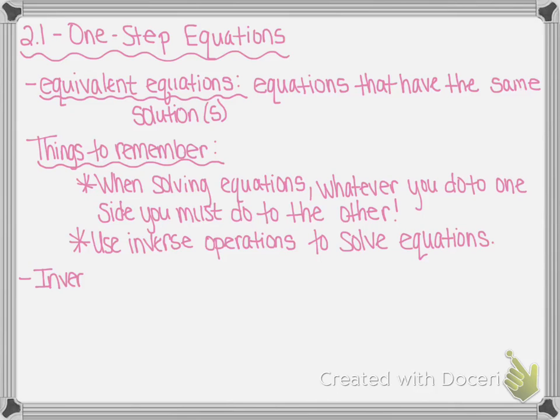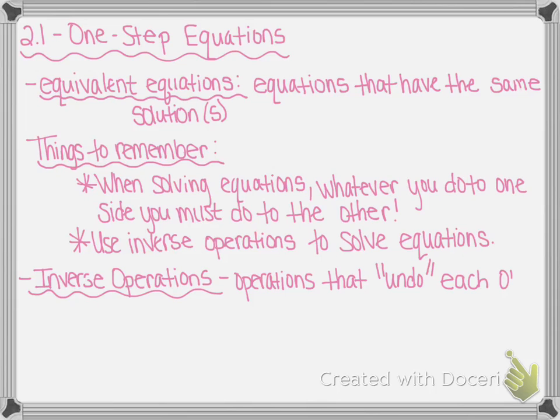So our inverse operations, another definition: these are operations that undo each other. So almost think opposite. Our first set is addition and subtraction. So if our equation says x plus 3, the opposite of adding 3 would then be to subtract 3.